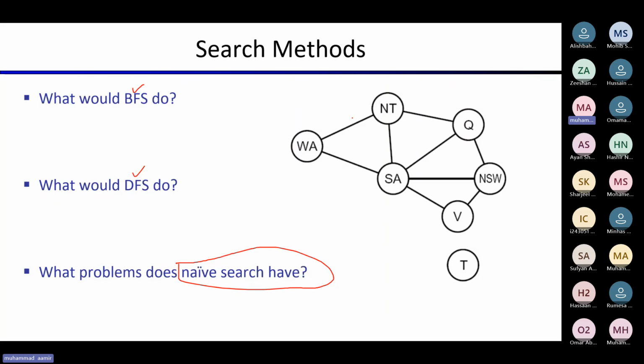Because as you see, if we assign the color blue, if we assign the color red, and only the green color is left for the Northern Territory, and Northern Territory has the unary constraint that it cannot have the green color, this is where your naive search will fail. You cannot assign this green color to another territory, which means you are not getting the solution. And if there is no backtracking, you are not even going to complete your problem. We'll stop here. So this is the problem in the naive search algorithms, DFS and BFS.